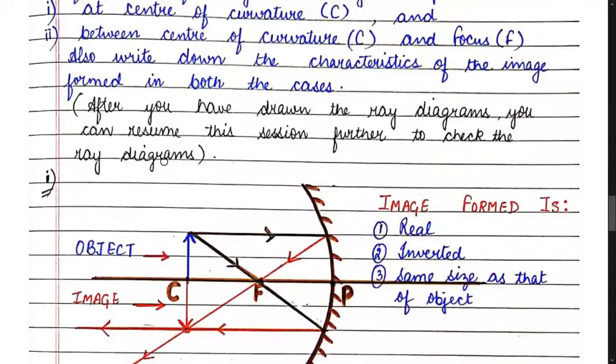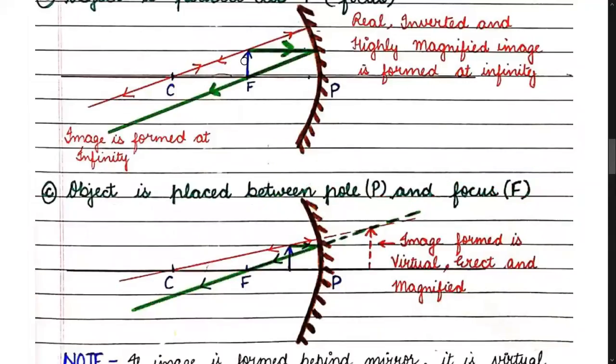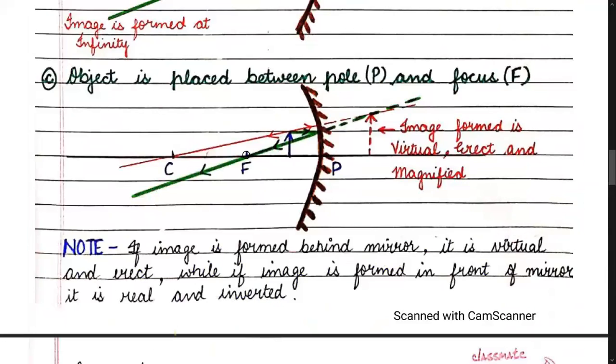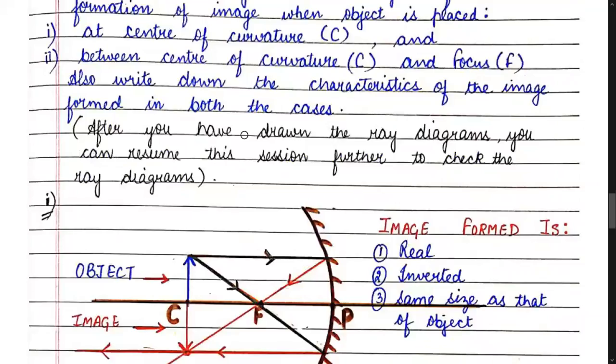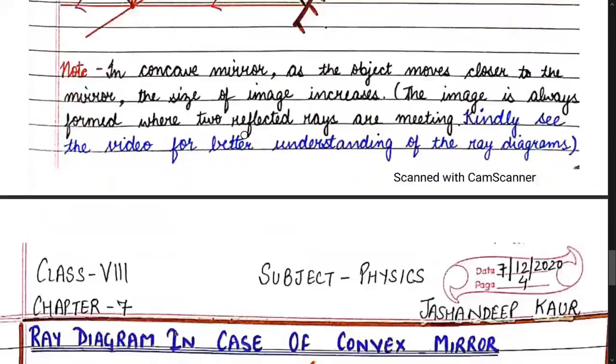And if it is placed on the focus, the image formed is highly magnified. And if it is brought further closer, between pole and focus, the image formed is enlarged again. So as you bring the object closer, the image formed increases in size.